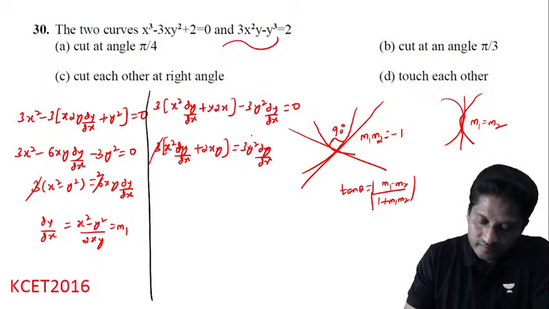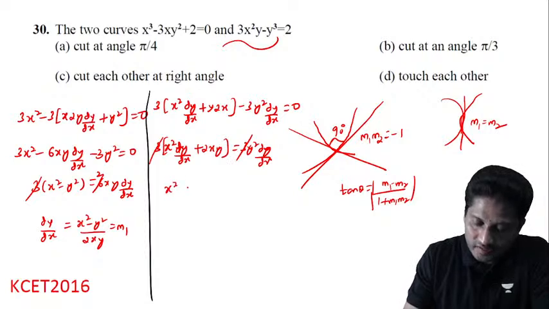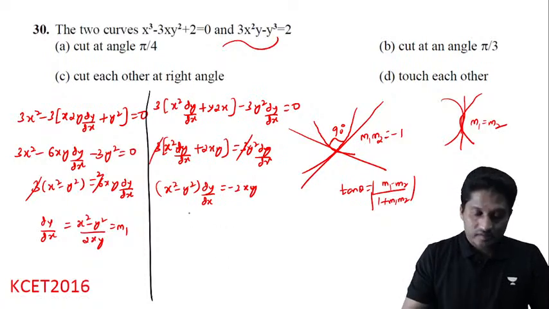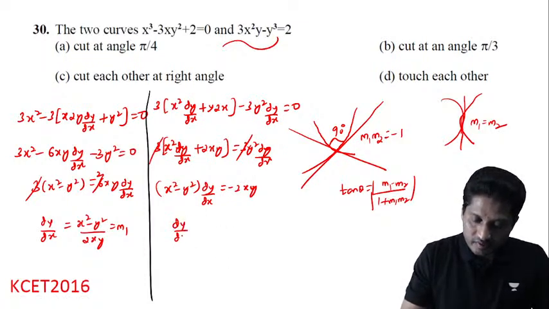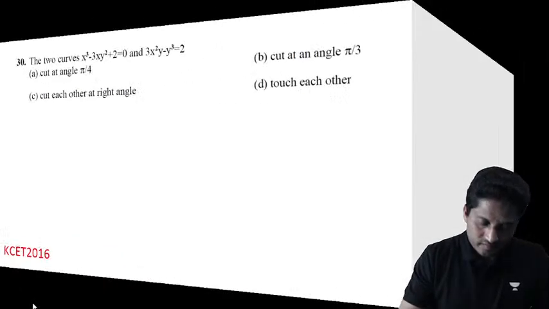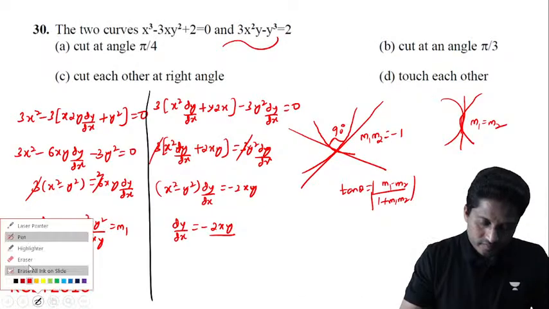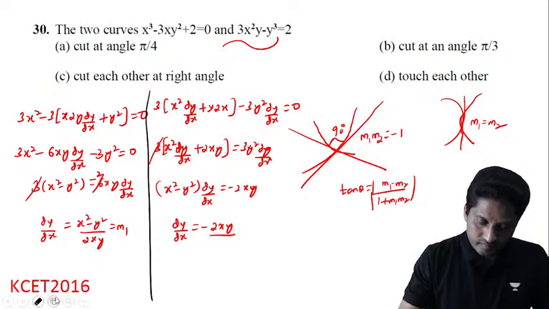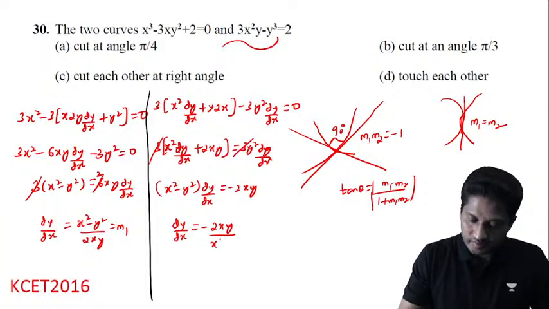This will cancel. I can also write this as x square minus y square into dy by dx is equal to minus 2xy. From this, dy by dx is equal to minus 2xy divided by x square minus y square, which is m2.